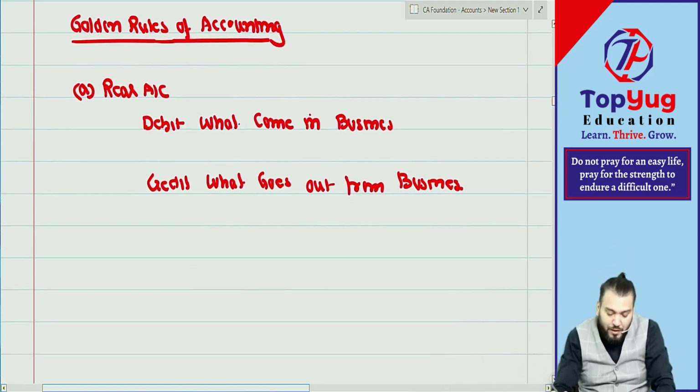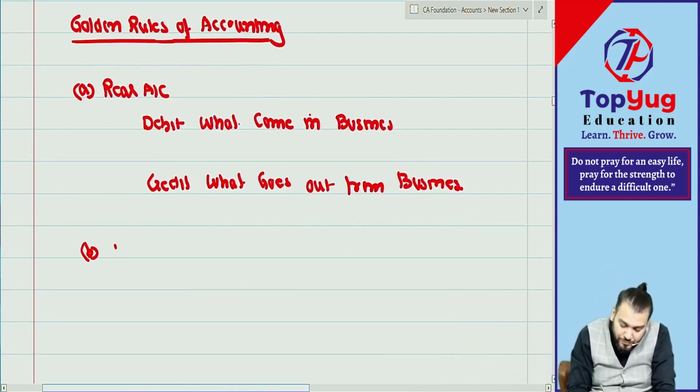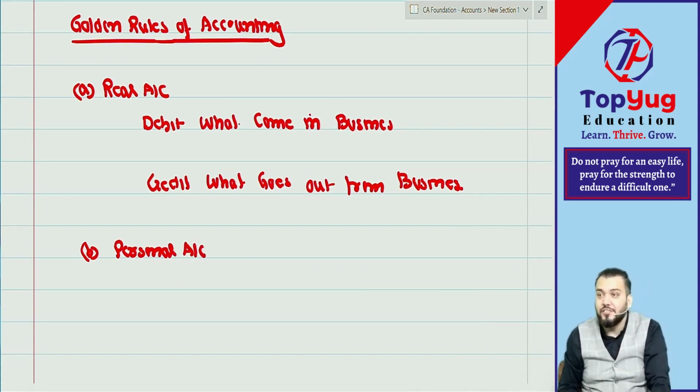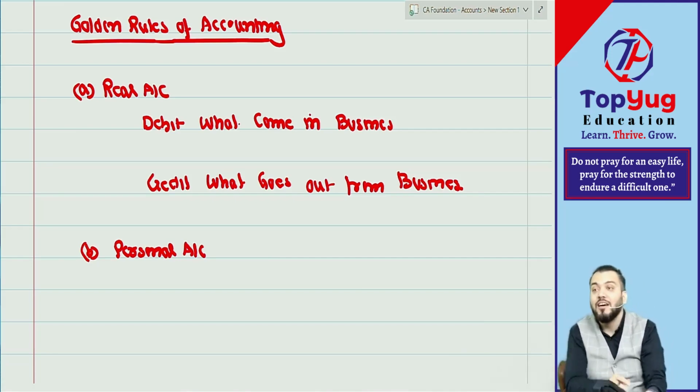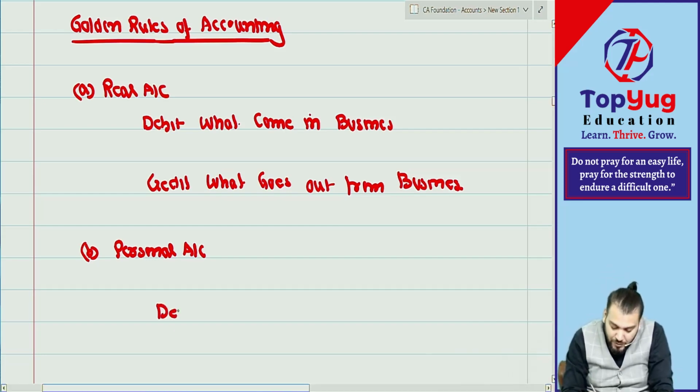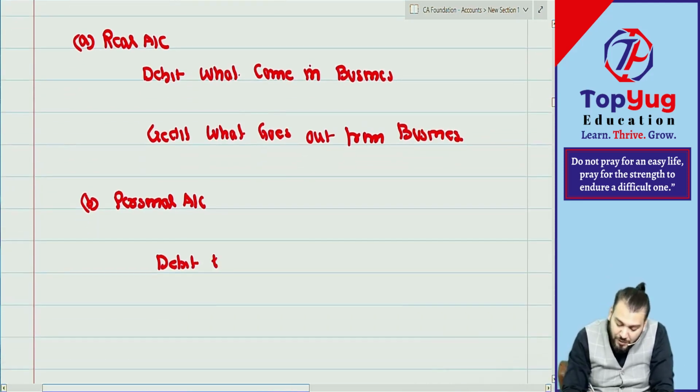Then coming to point number B, personal account. When I say personal account, it includes all types of person, whether it is a natural person, artificial person, or representative personal account. The rules remain the same for all these three. What is the rule?